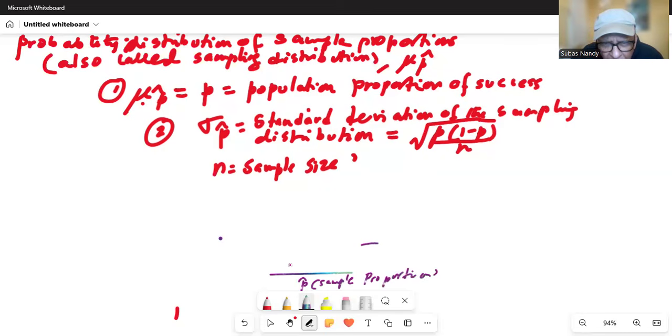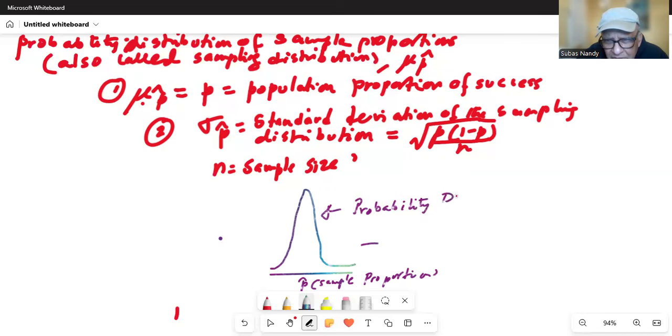And the sampling distribution will look like this, tall and thin. This is the probability distribution of p hat, also called sampling distribution.